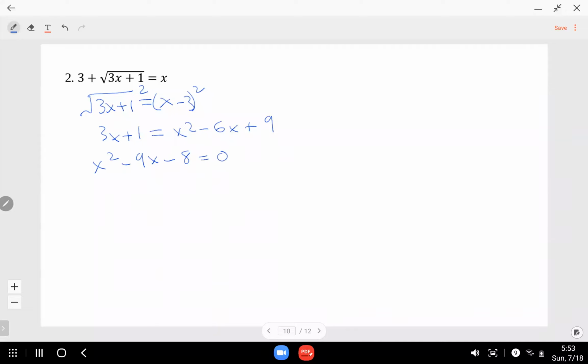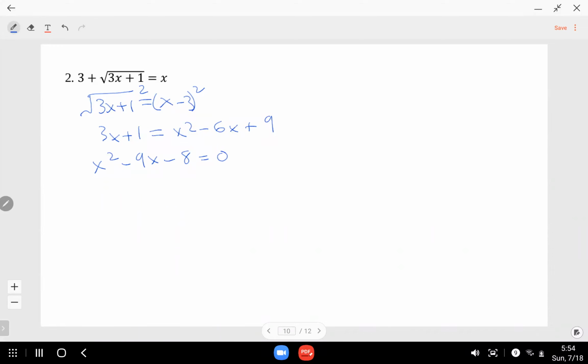Okay, and then what we get is, wait, let me check. Yeah, that's correct. So after that, we factor this, or you can use the quadratic formula because this is now a quadratic.